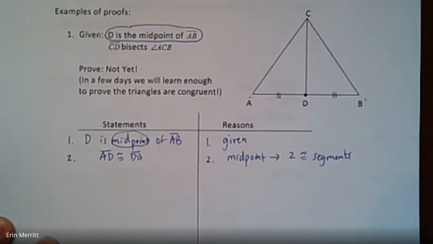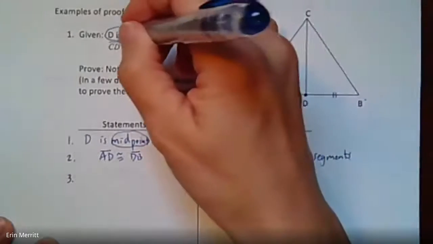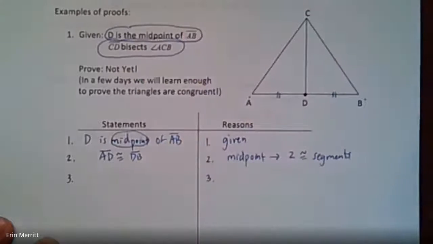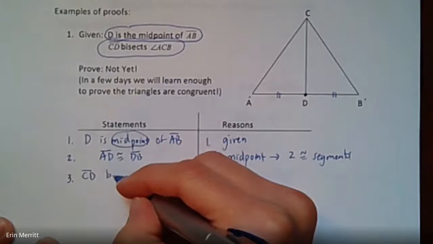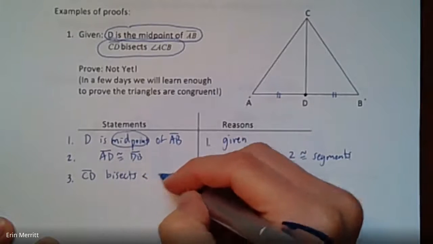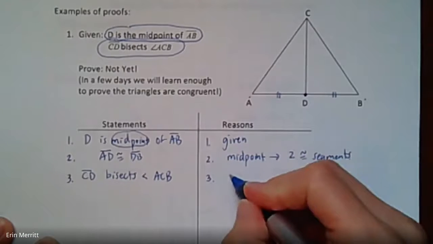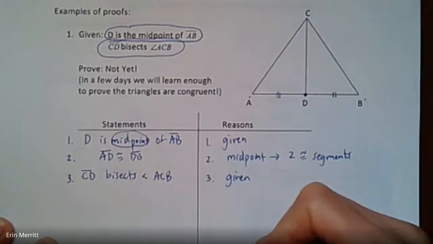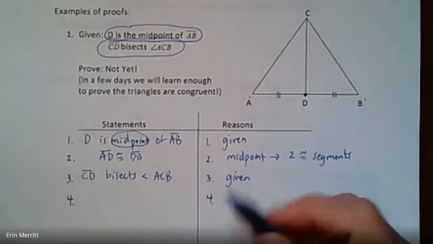All right. If we then say, okay, well, we've said what we could from that, then we go on to the next given. So the next given is that CD bisects angle ACB. And I know that because it was given to me. And then you'd have to think, okay, what is really given to me right here?